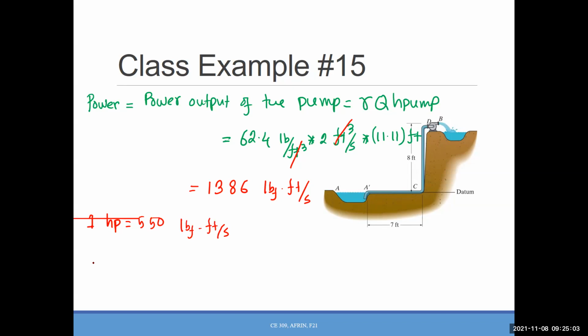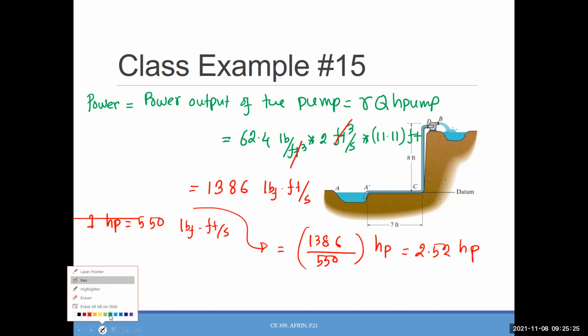So what will be the horsepower for this power of the pump? Okay, so 550 horsepower, 2.52 horsepower, right? Now that is the answer for the first part.